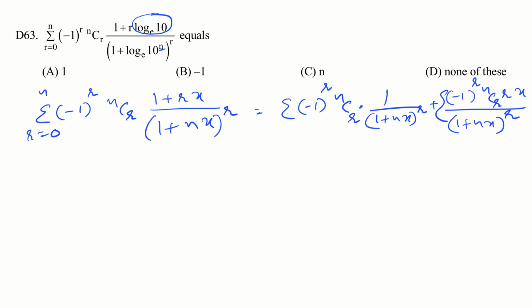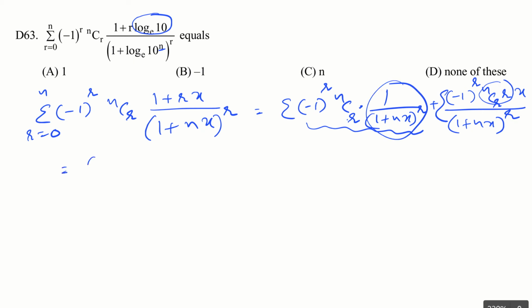Now we know that we don't like this r there, so we bring out n/r from nCr, cancel that, and coming to the first part, it is like sigma nCr x^r.